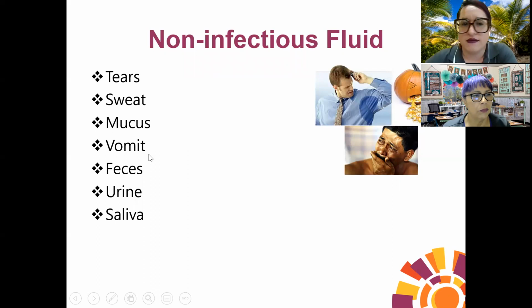Vomit is acidic. Feces, the HIV virus doesn't like those. Urine, the same. And saliva is made to break down food. So if infection fluids get in your mouth, the saliva is going to break them down a lot of the time. So the HIV virus cannot live in saliva.